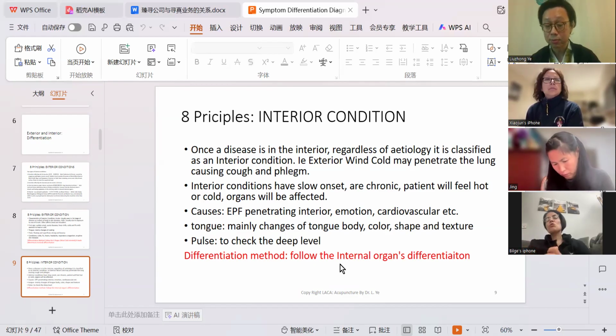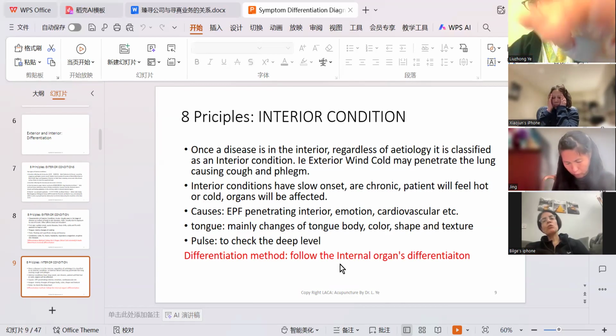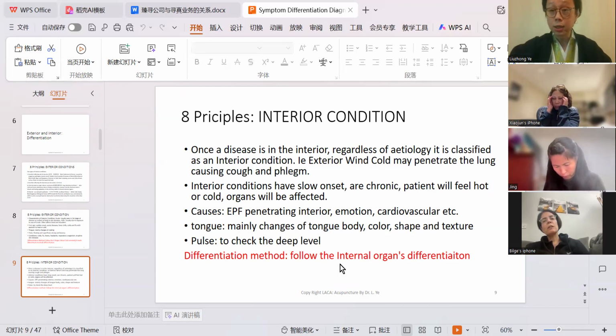So just to check that I understand: you're saying a condition can be considered exterior, but if it enters the internal organs, it will automatically become an interior condition. Is that what you are saying? Yeah. Well, this is the understanding of these different levels.